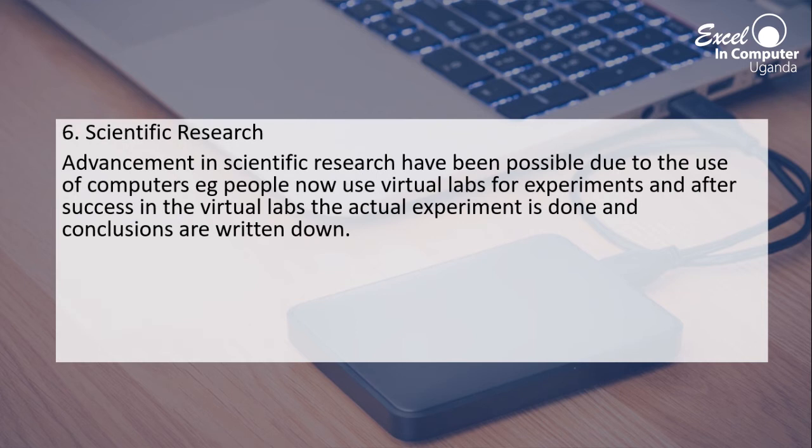For example, when I was still in senior 2, senior 4, we used to have some software called LMS. So you'd go there and do all the practical experiments, maybe making hydrogen, making oxygen, in the virtual lab. Then after, I went to our laboratories and teachers would do that for us. So that's how computers are used nowadays.